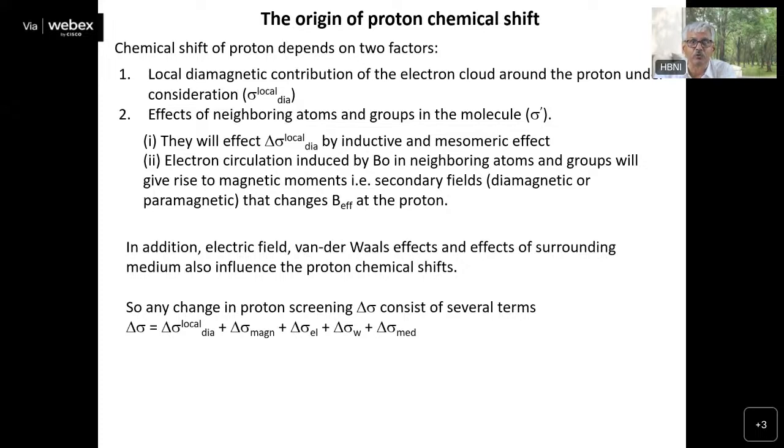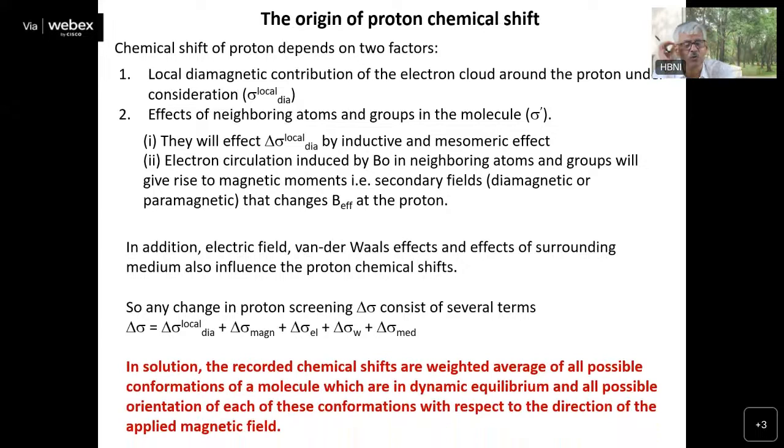Any change in proton screening, which we call delta sigma, is made up of several terms: sigma local diamagnetic, just surrounding that proton; then the magnetic effect due to the magnetic moments from the bonds and the atoms; then delta sigma due to electric field; then due to van der Waals effect; and then due to the solvent or surrounding effect.